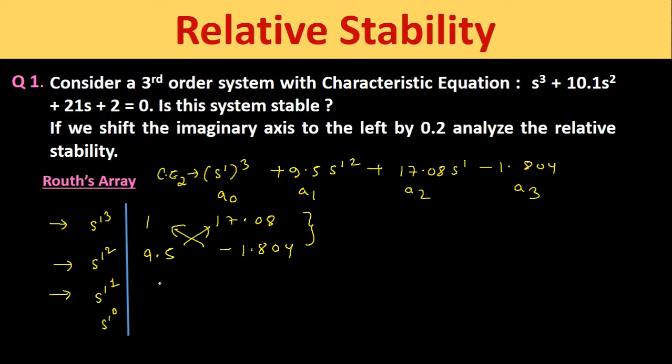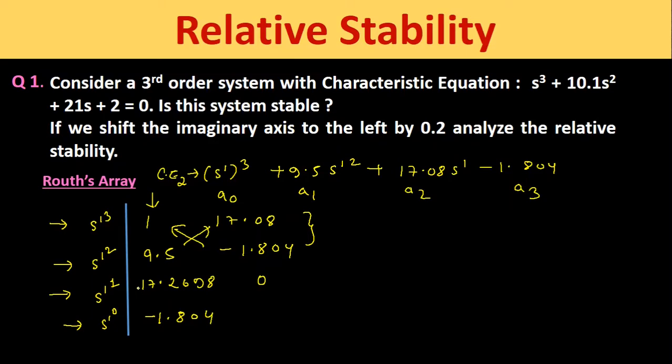So first term we will get 17.2698 and next term will be equal to 0, and the first term of the S dash to the power 0 row will be minus 1.804. Now to check the stability, first we have to check the first column of this Routh's array. In this first column of this new Routh's array, we can see that one sign change is there.